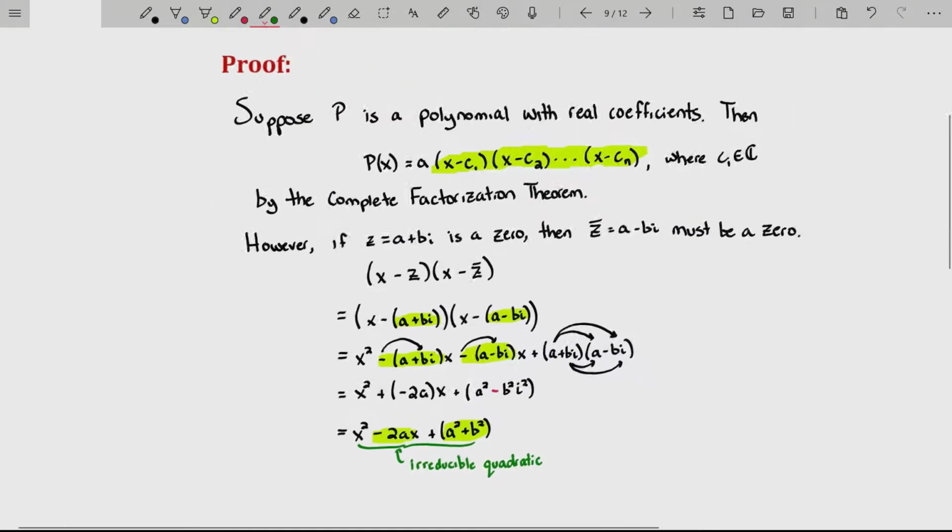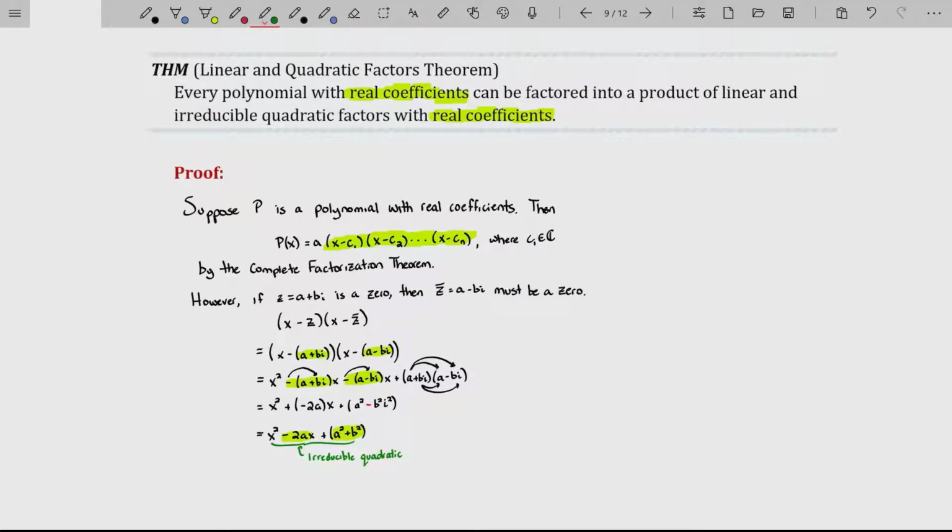And that actually proves this theorem. We now know that we started with a polynomial with real coefficients. And then we knew that that could be factored into the product of linear factors with complex valued components. But if we had a complex valued zero with non-zero imaginary parts, they come in conjugate pairs because of the conjugate zeros theorem, and we can use that because our polynomial has real coefficients.